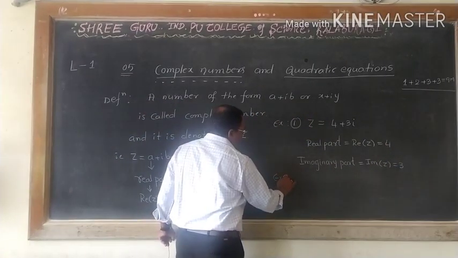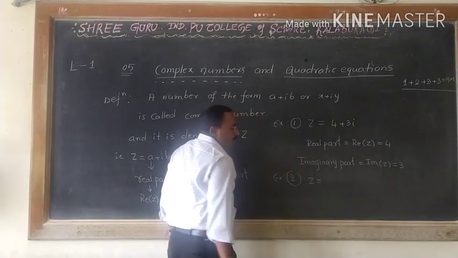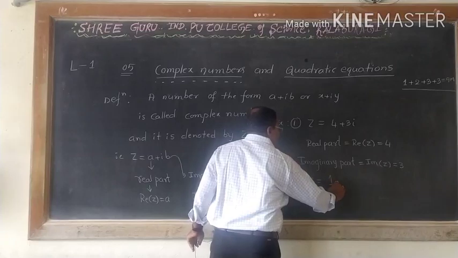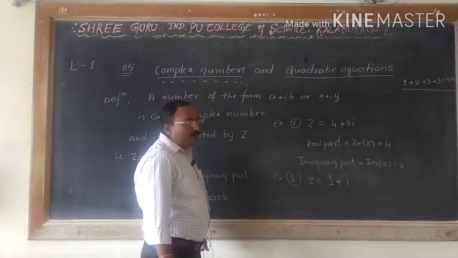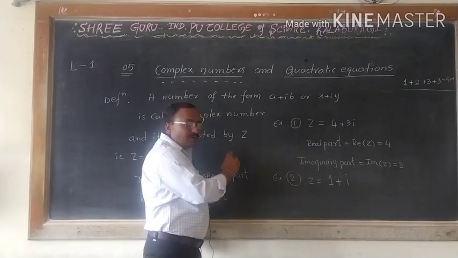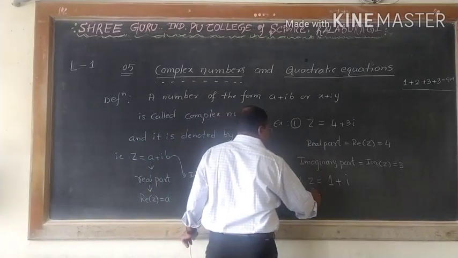Next, another example, z is equal to 1 plus i. Here z is equal to 1 plus i. Real part is what? Imaginary part is what?